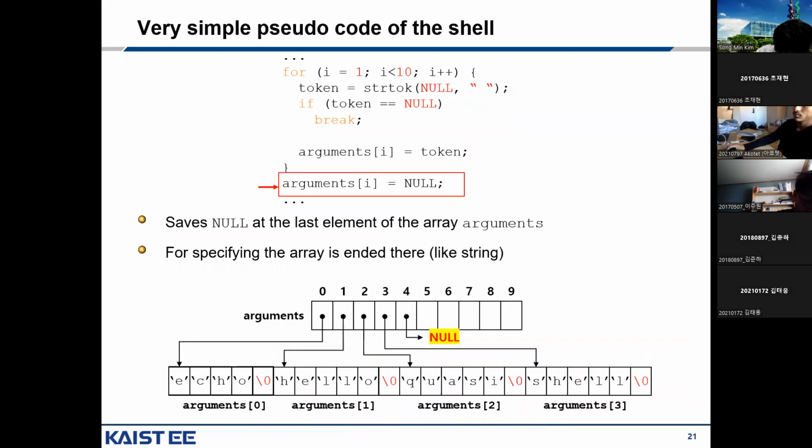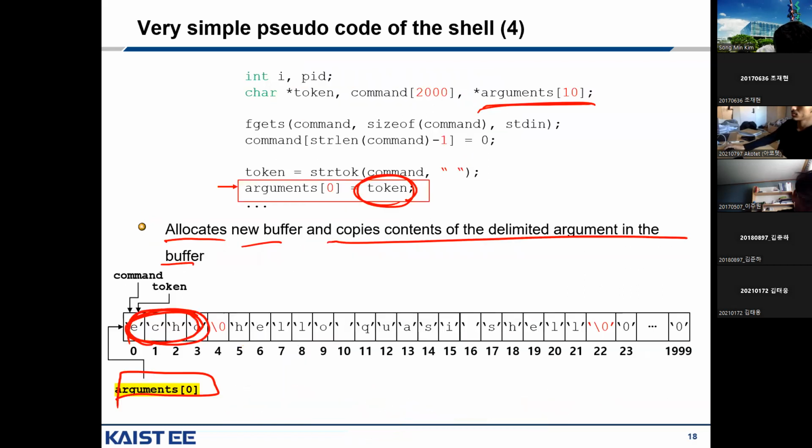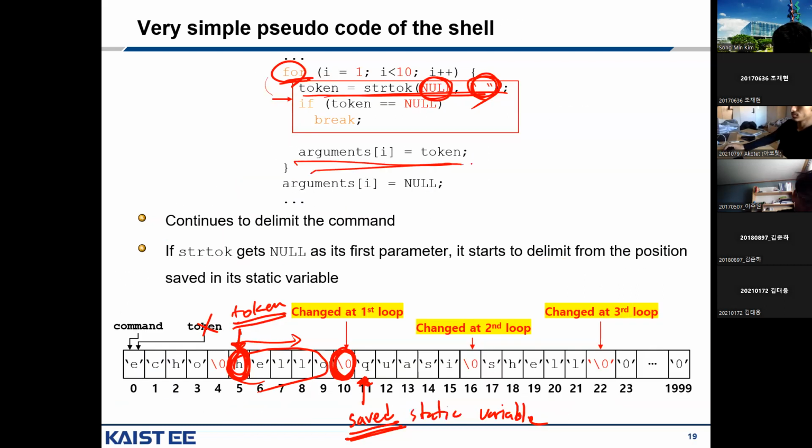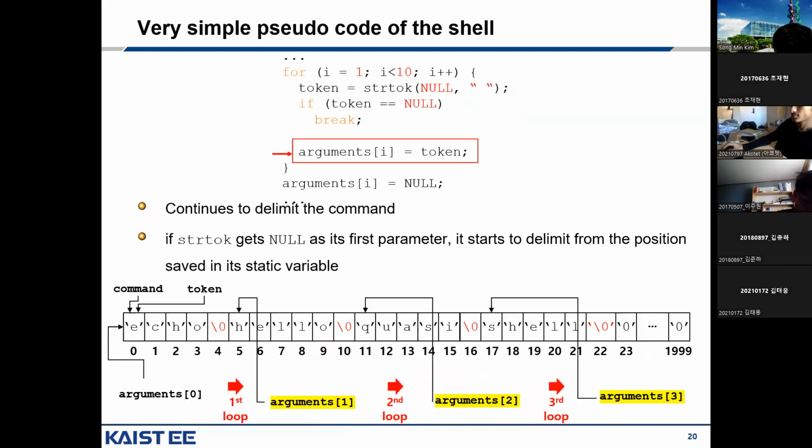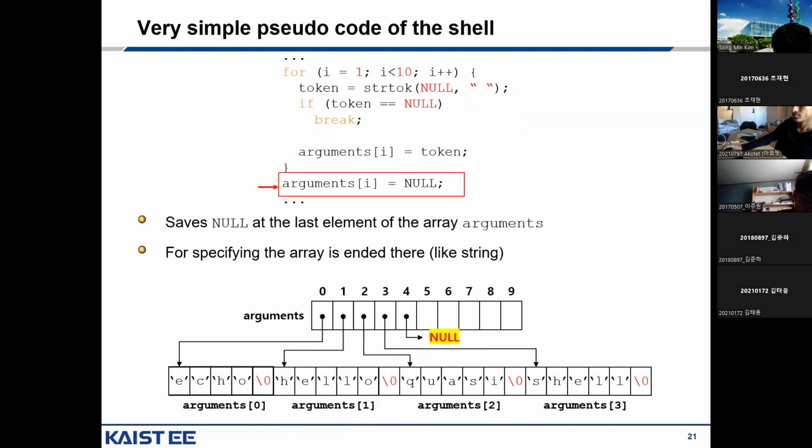I've already explained this. Okay, and of course, for every loop, we'll have to store the argument, right? And when the token is null, we break, meaning there's no more arguments. Okay.